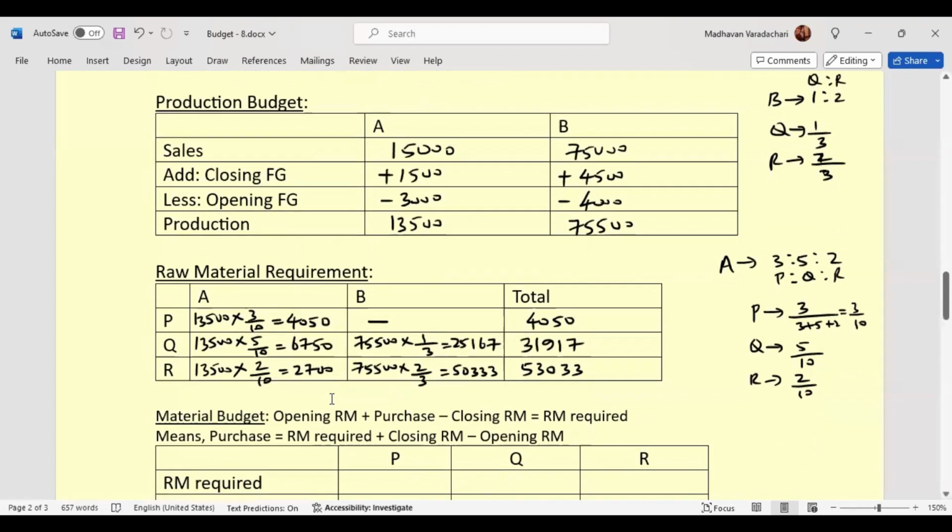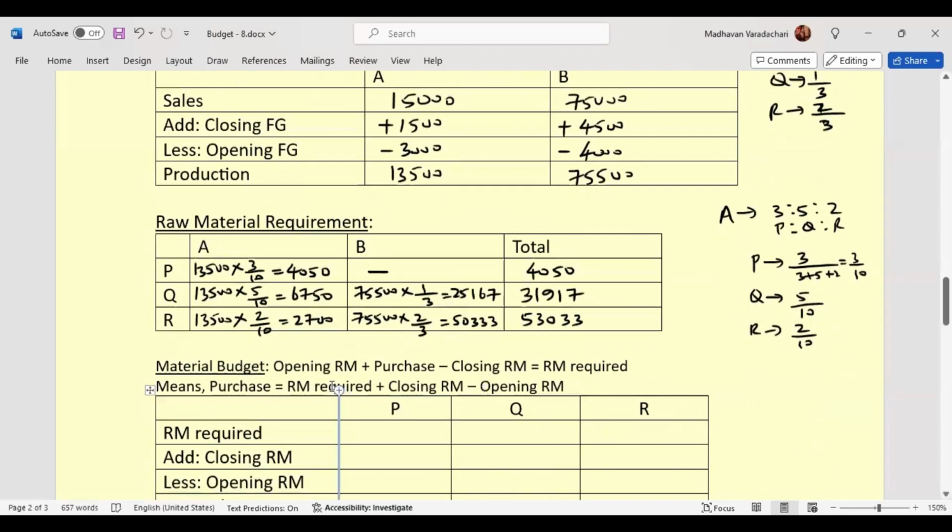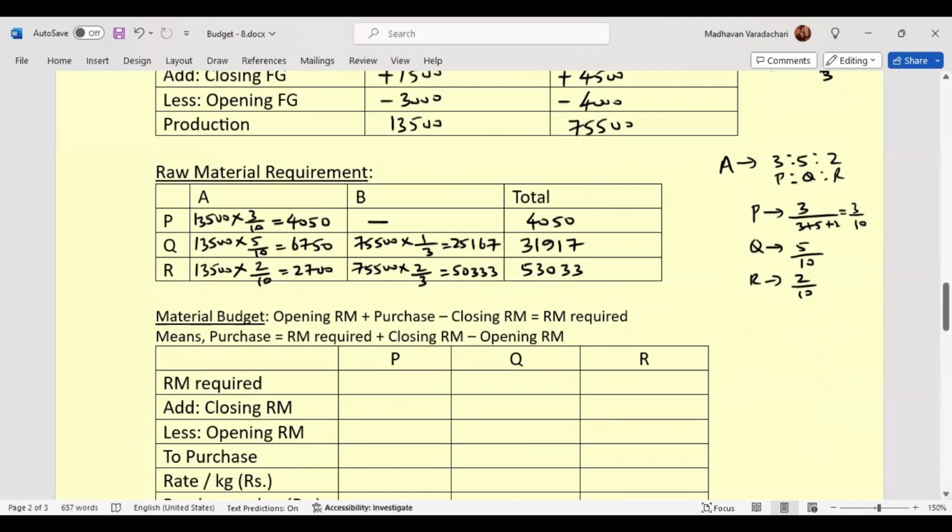Now let us do the material budget. We know opening raw material plus purchase minus closing raw material will give us the raw material required. Means purchase is equal to raw material required plus closing raw material minus opening raw material. So raw material required for P, it is 4,050. For Q, it is 31,917. For R, it is 53,033.